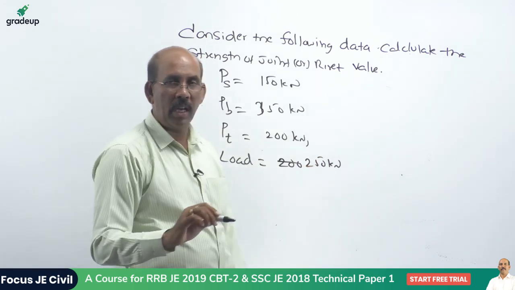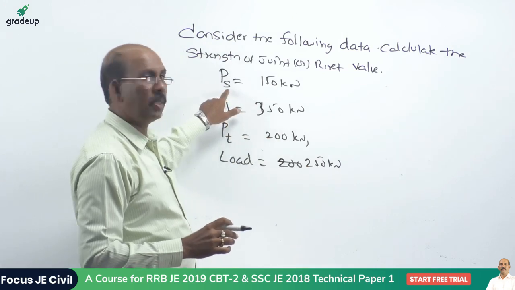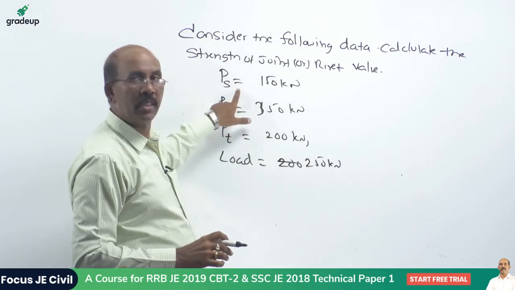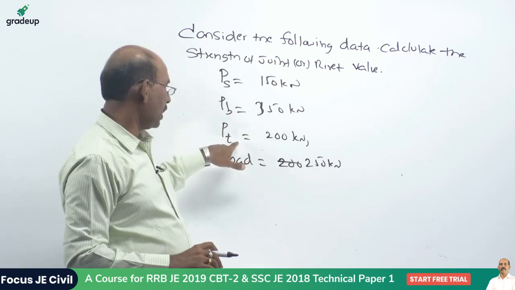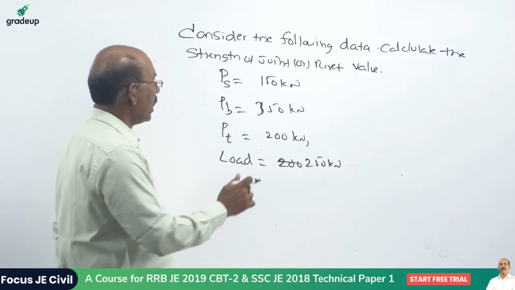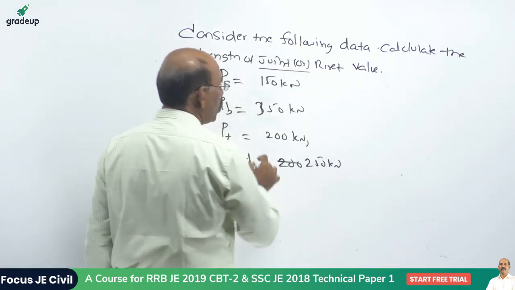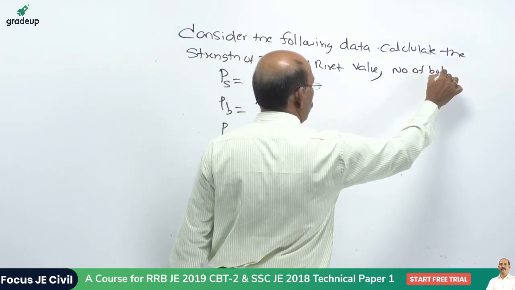So this is the PS, PB and PT, that is the strength of rivet in shear, strength of rivet in bearing, strength of rivet in tension, and the load is given. So calculate the strength of the joint or the rivet value, and the number of bolts.